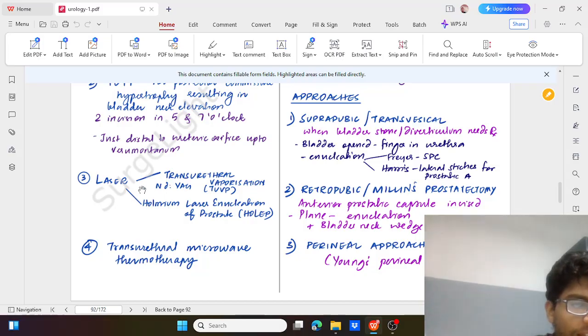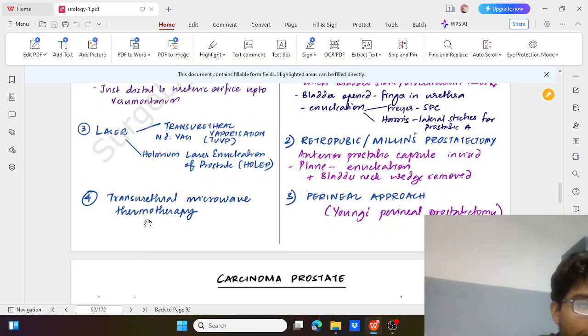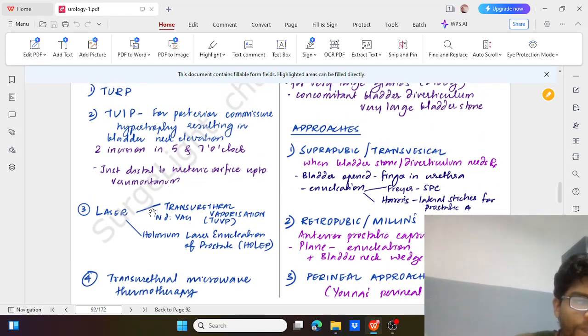So these are the laser techniques, laser methods for transurethral prostate resection. And lastly is transurethral microwave thermotherapy, that can be used for endourological procedures.